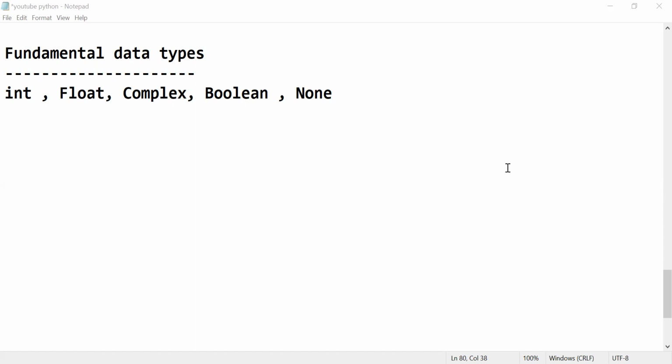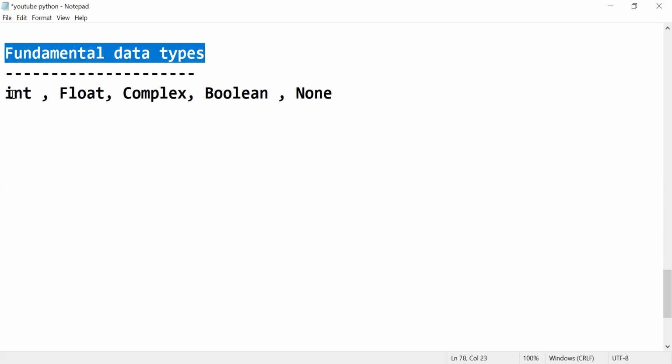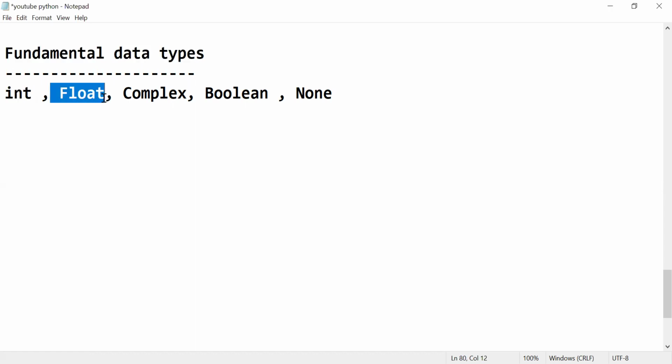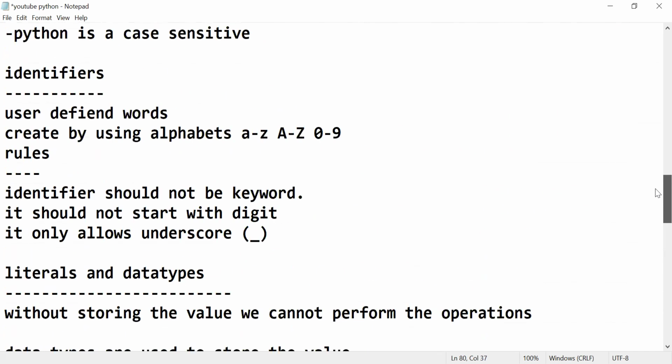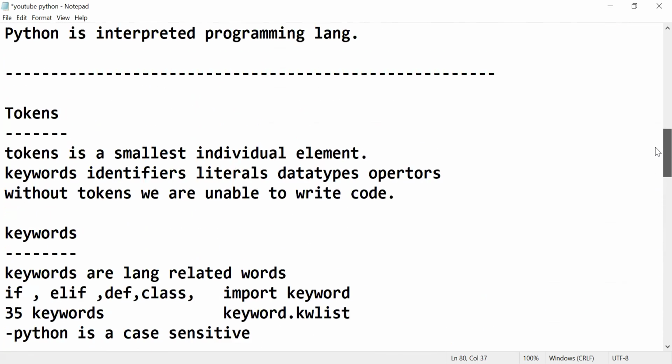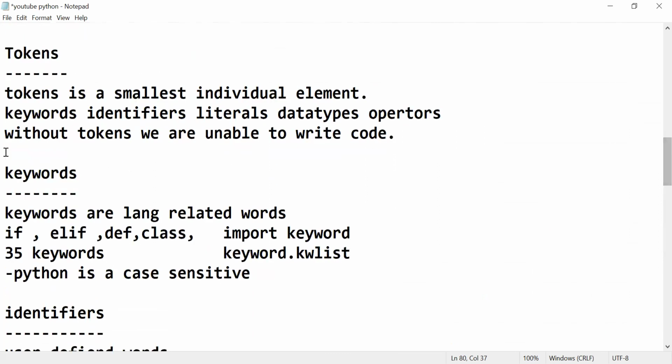Yeah guys, in this video today I will discuss fundamental data types like int, float, complex, boolean and none type. In the previous video yesterday, we discussed the tokens in Python. I hope you understand what tokens are and the types of tokens.